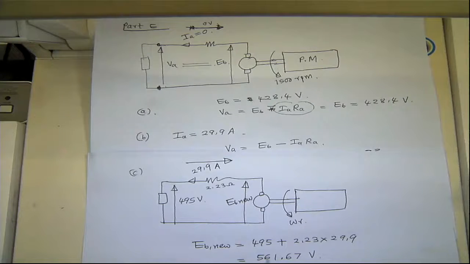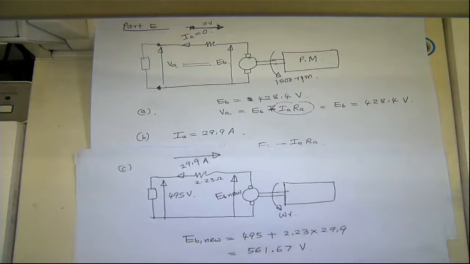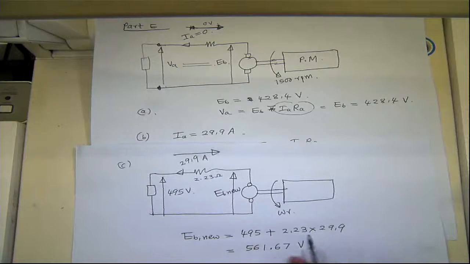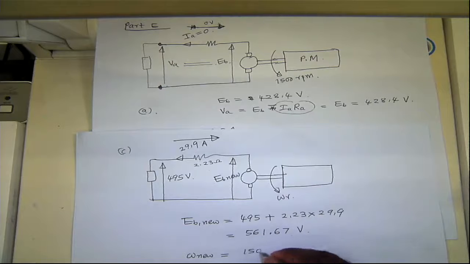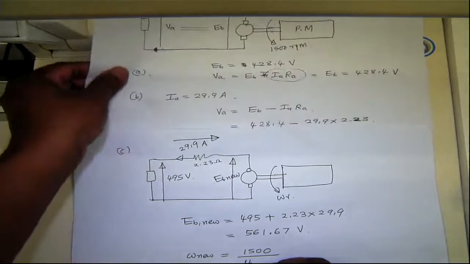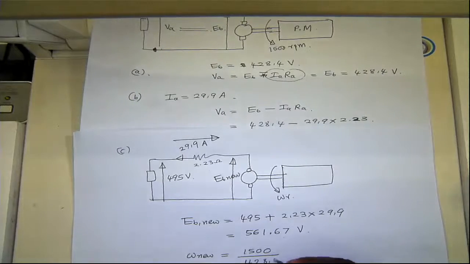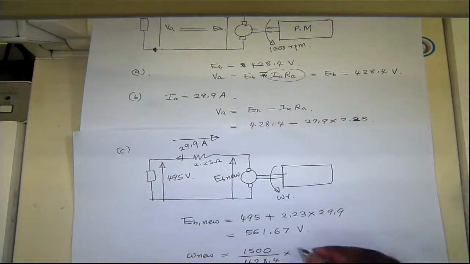That's the back EMF you want. So to achieve this, you need to speed it up more. So the speed is proportional to back EMF. So if the field winding is constant, the new speed. So we have 1,500 RPM when it's running at 428.4, and then we want to find the speed when it's producing 561.67 volts.